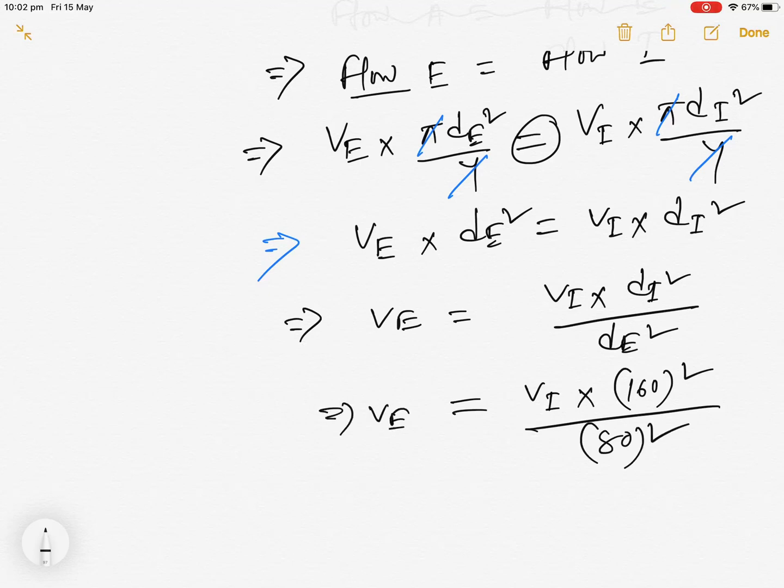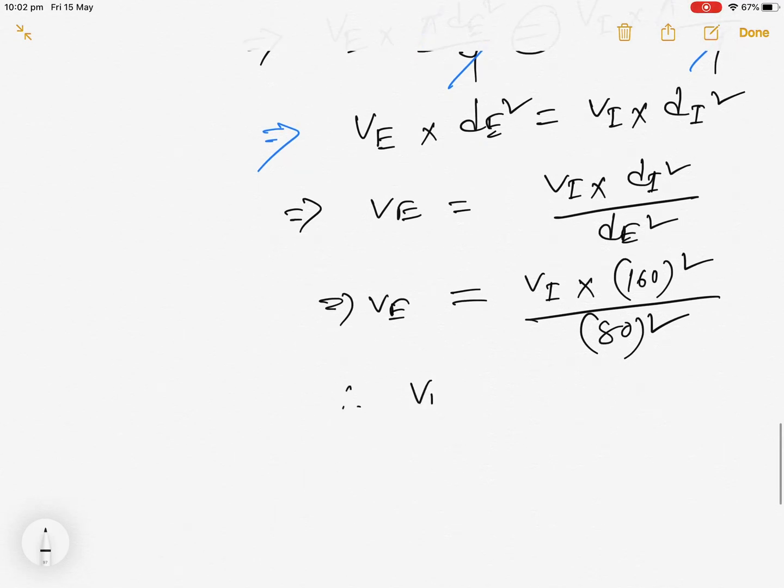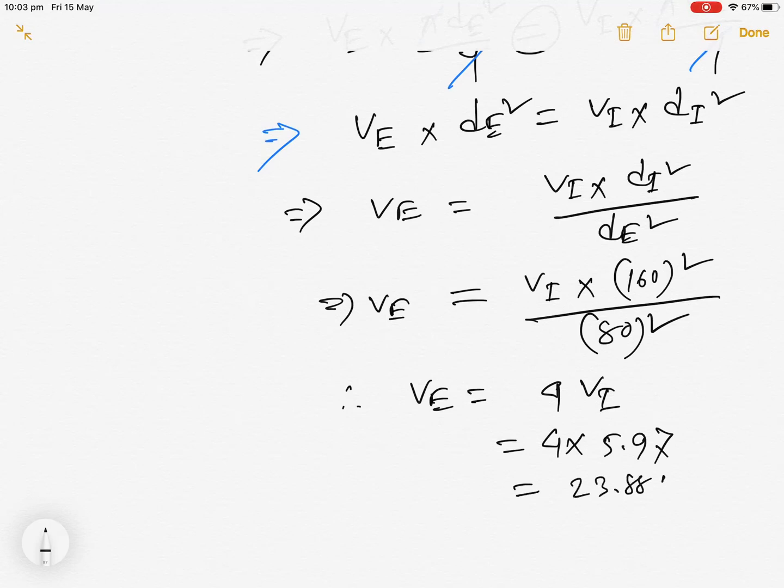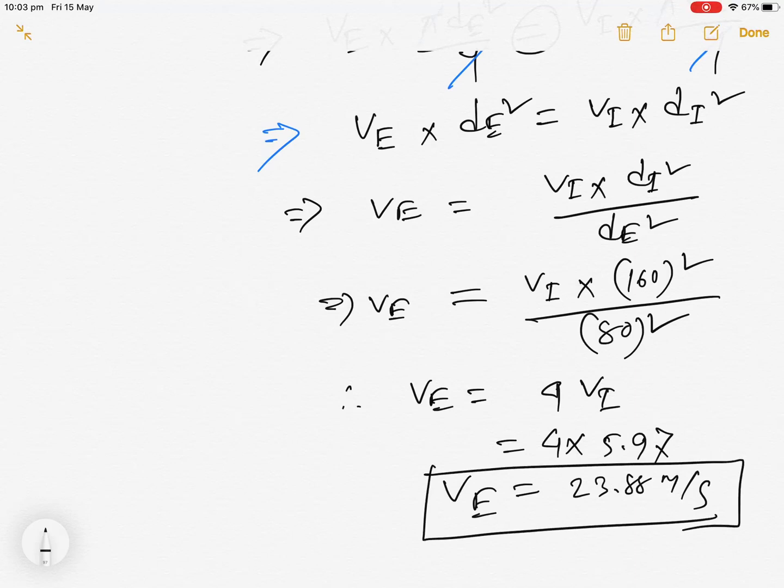So that means VE will be just 4 VI, and we know VI, the velocity at the pump line, so the velocity will be 23.88 meter per second. So this is actually the exit velocity. Okay, so we got the exit velocity.